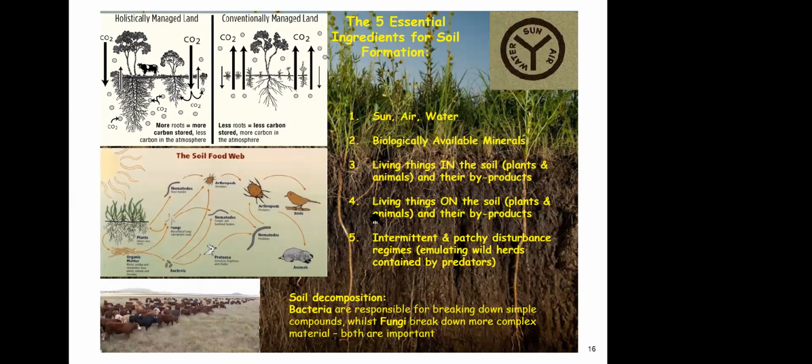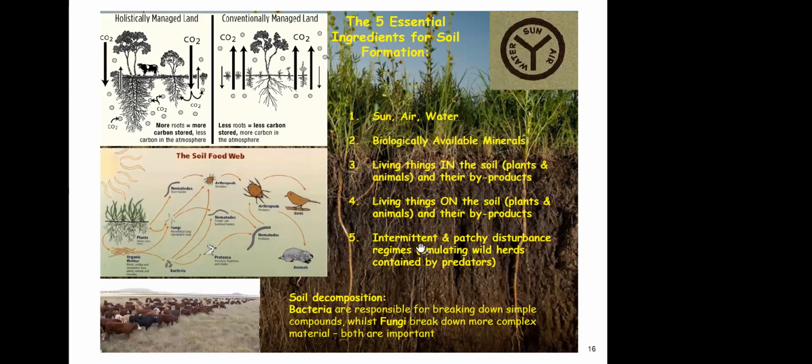And generally, number 4 here, living things on top, is having managed livestock at the top here, whose dung and manure is in a closed loop cycle that fertilizes the soil. And then number 5, intermittent and patchy disturbance regime.